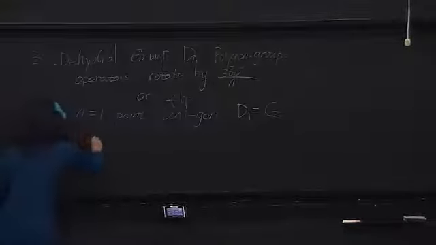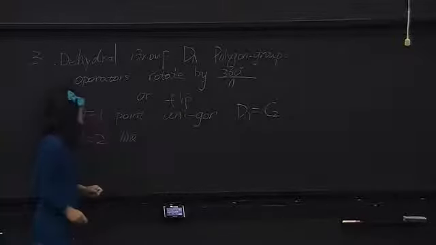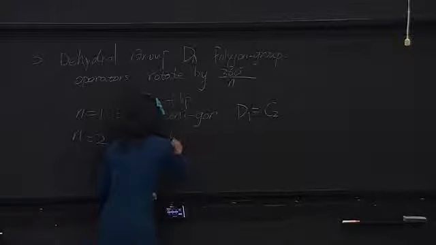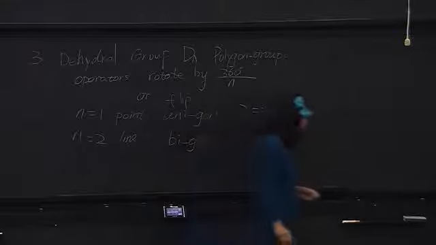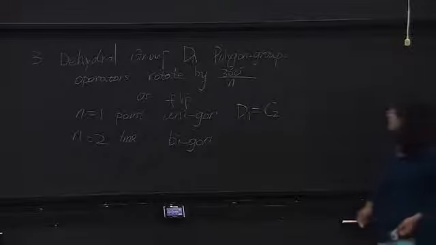N equals 2. This is a basic line, but I like to name things, as you will gradually know me, so I will call it a bigon. Dan says, just let the bygones be bygones. I have no idea what he means, but then I looked it up. Apparently it means let the past pass.